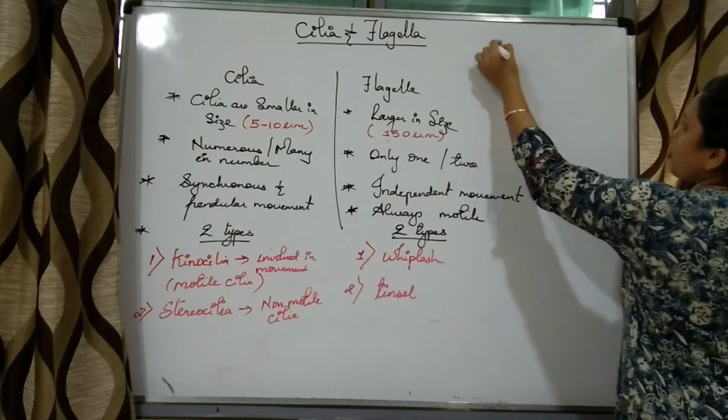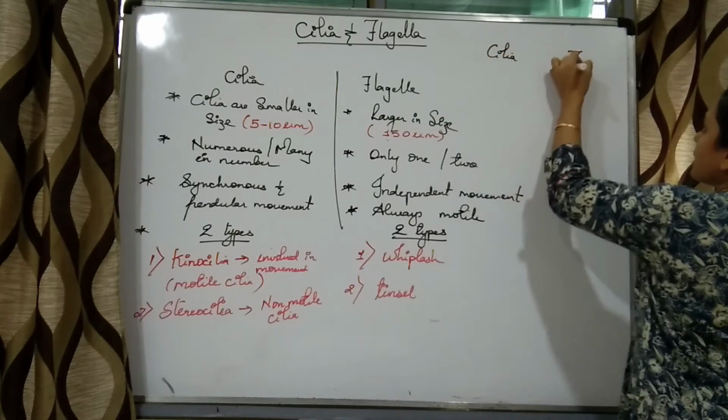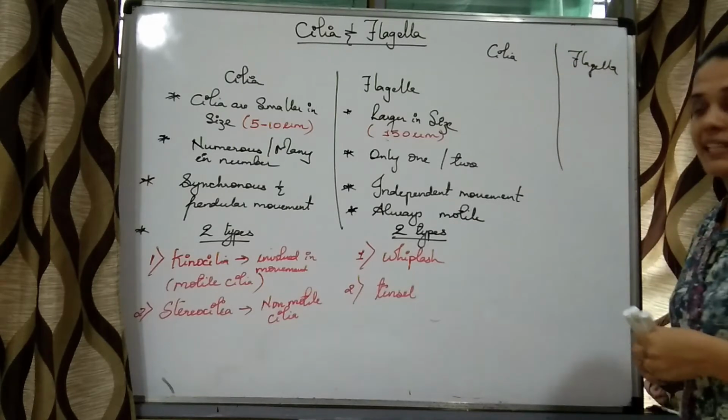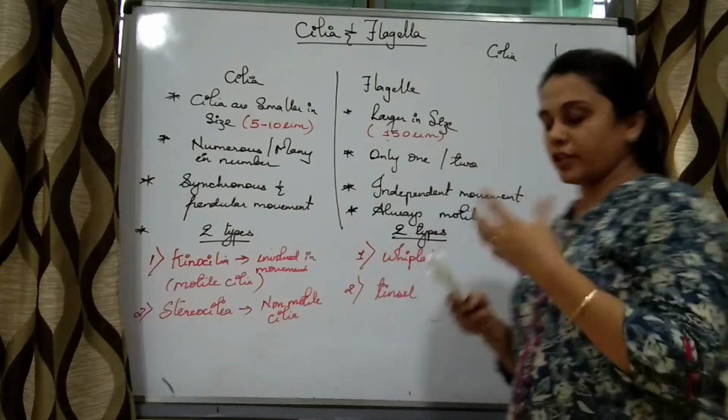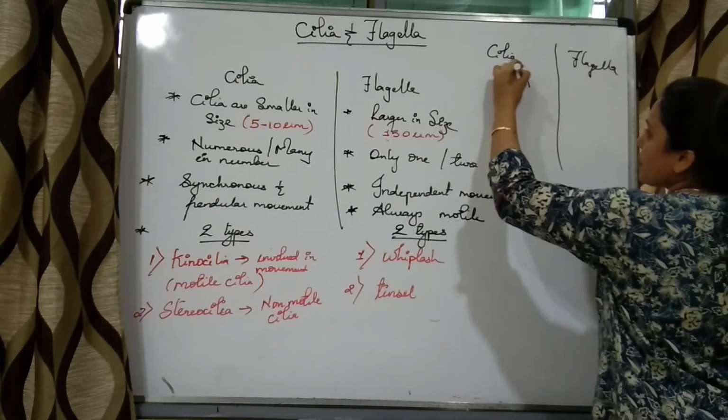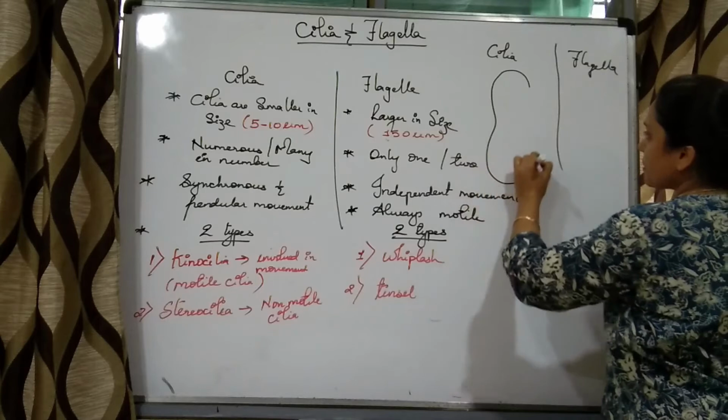So first let me draw the structure of cilia and flagella. Cilia are numerous and present all over the body, for example in amoeba or paramecium. Say this is a paramecium.